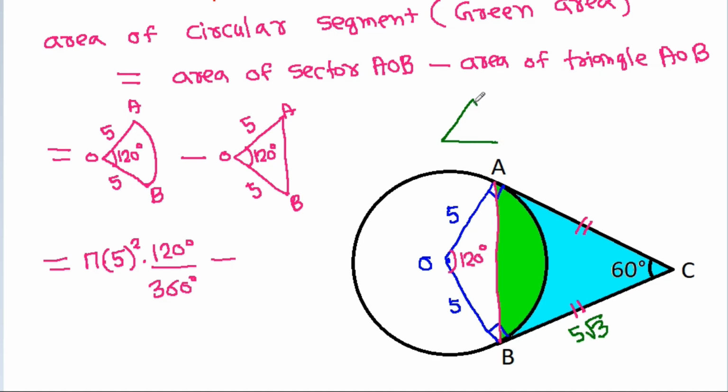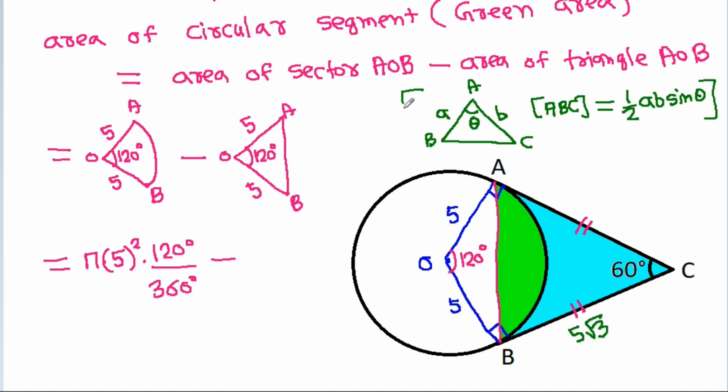and in any triangle ABC, if AB is a, AC is b, and this angle is theta, then area of ABC is equal to 1 by 2 ab sin theta.